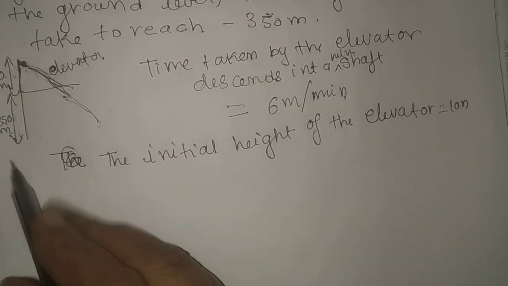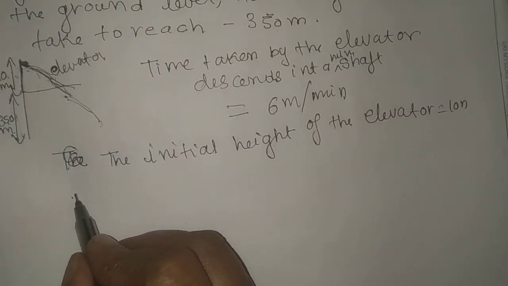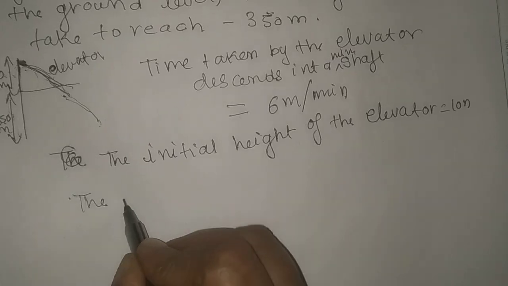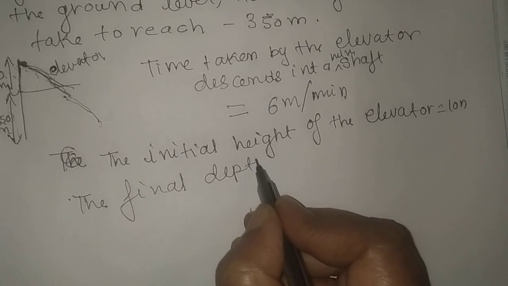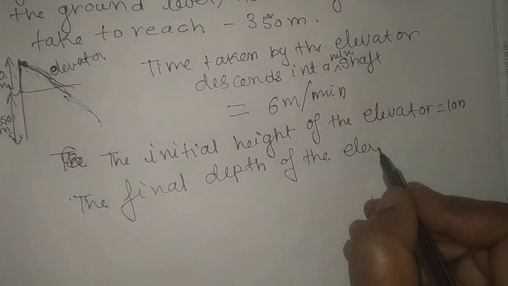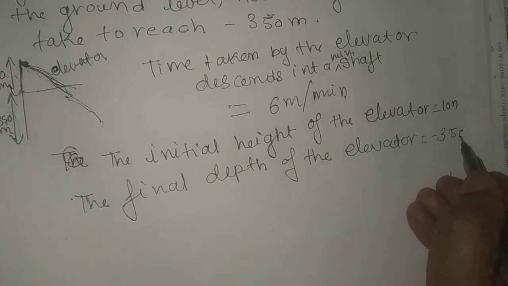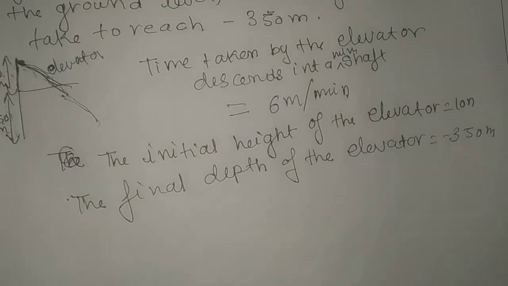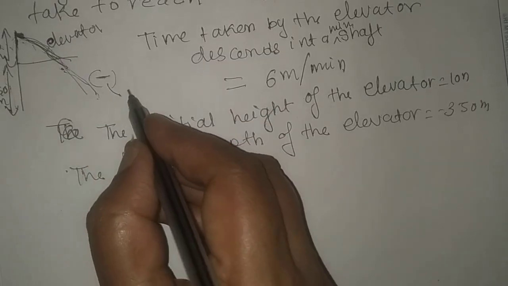Now the final depth of the elevator is equal to minus 350 meters. Descent is taken as negative.